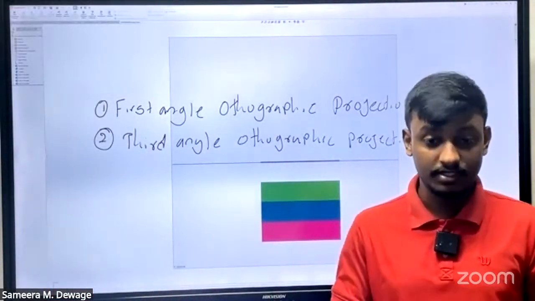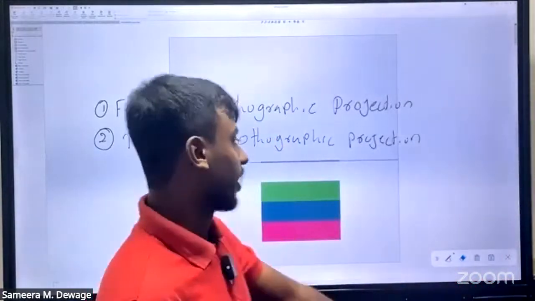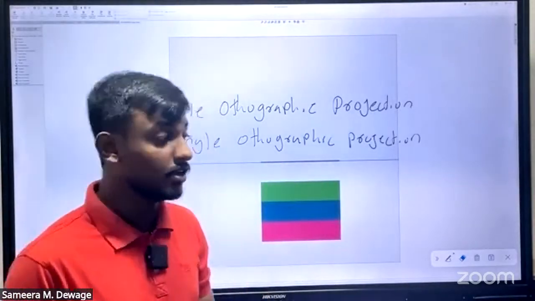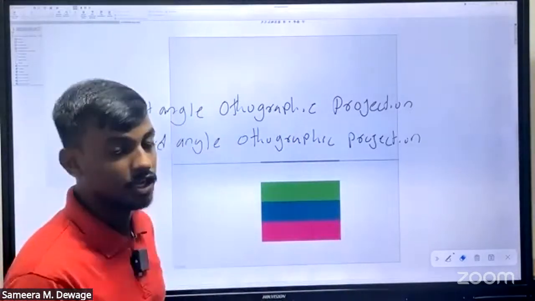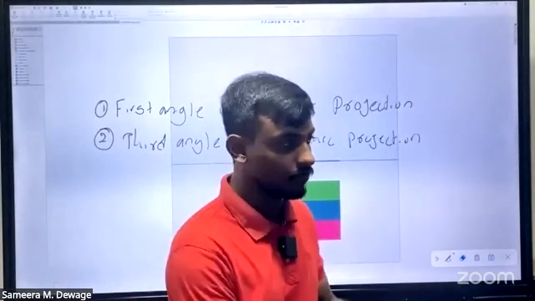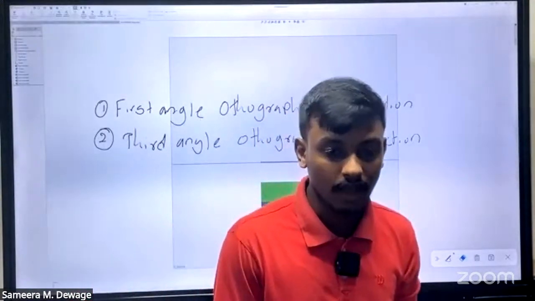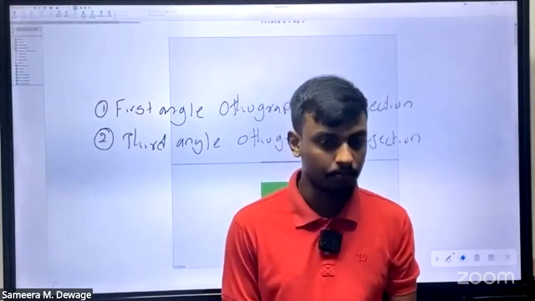Yeah, first quadrant. Okay, right. In first angle projection, we place our object in the first quadrant and we perpendicularly look at the object from different directions. That view we draw on our 2D plane, or a graph paper.